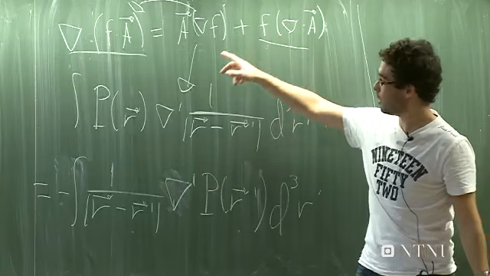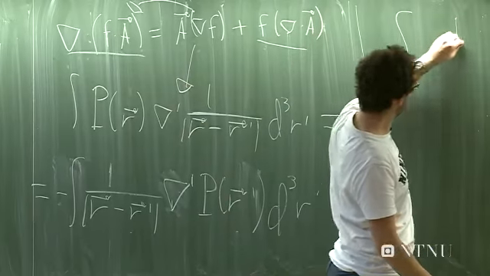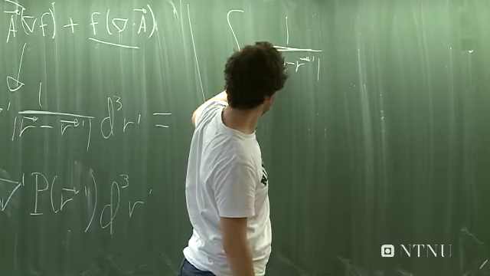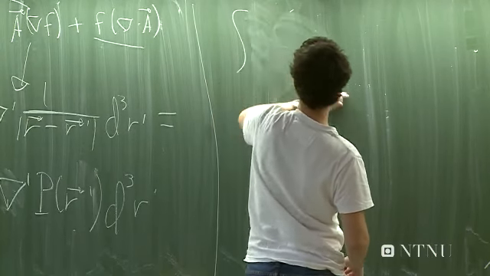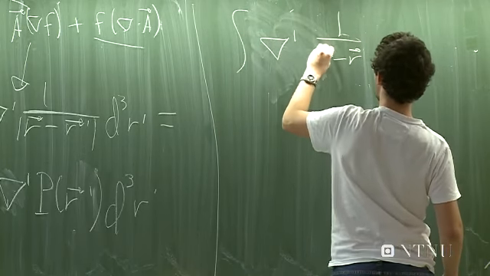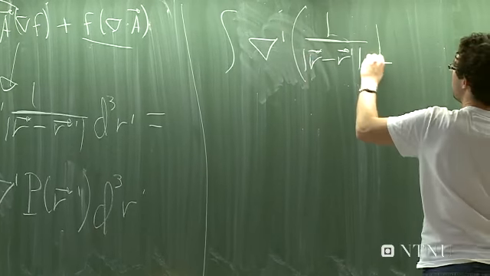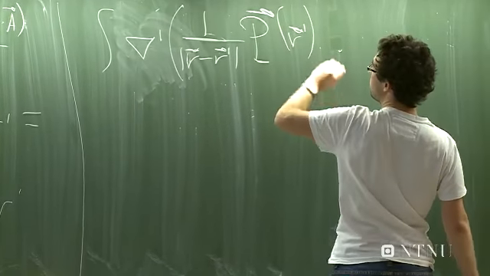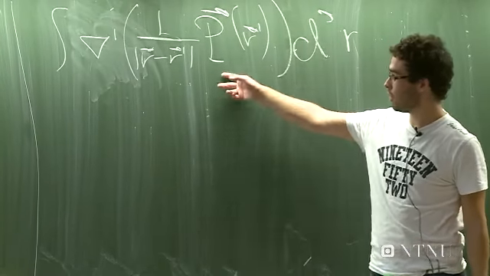It's equal to this one with a minus sign, and then this term, and the integral over, let's see, now this is the divergence of a vector.